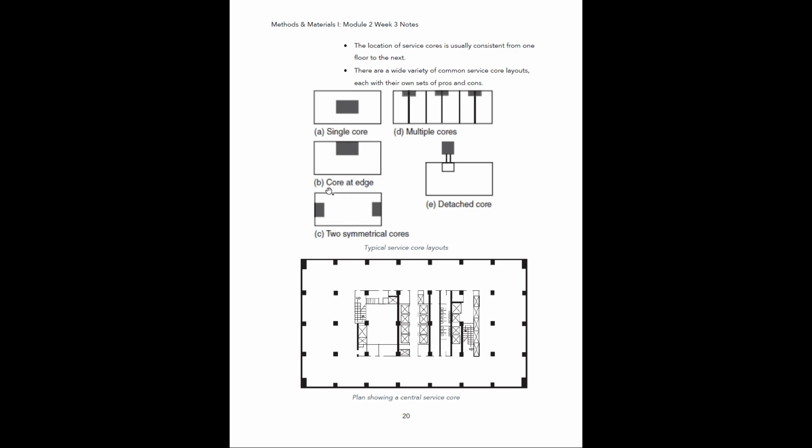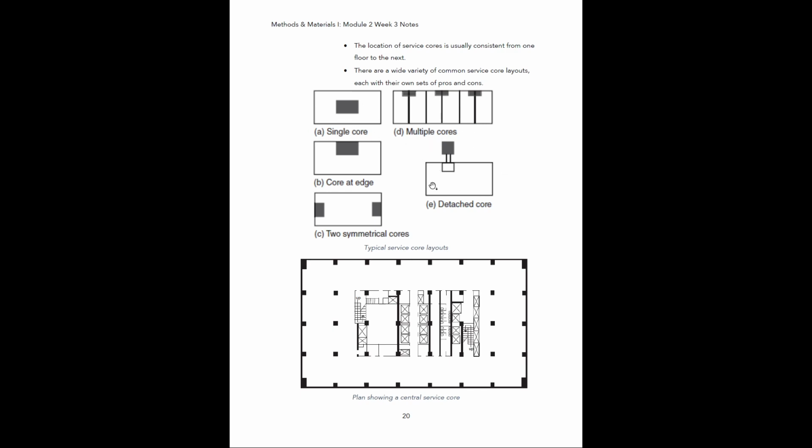Here's two symmetrical cores, so basically you're taking the core, cutting it in half, and having one half on one side of the building and one half on the other side. Multiple cores, again, here's 3 of them at the edge, and then you can even have a detached core where the core itself sits outside the building, and then all of the wiring, pipes, and ductwork, these service runs, run into the building from the outside.